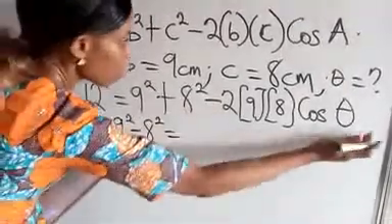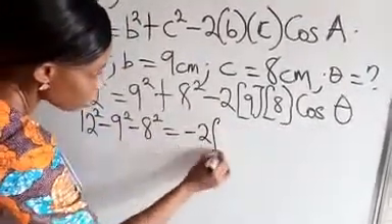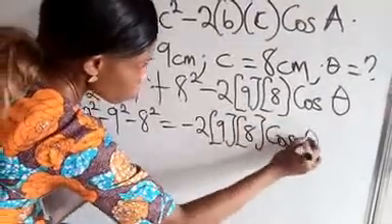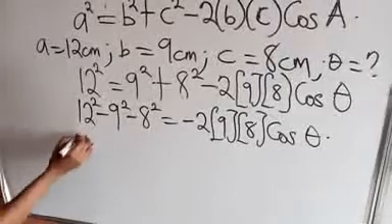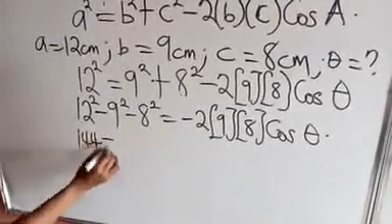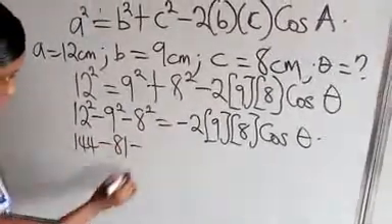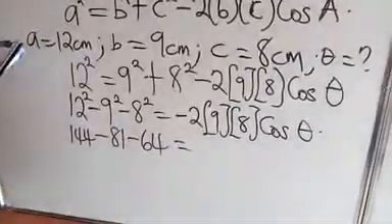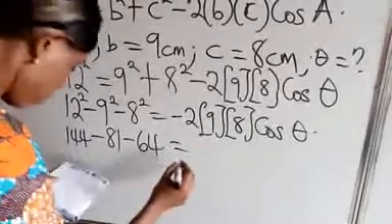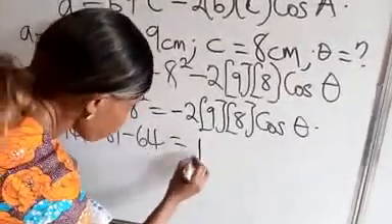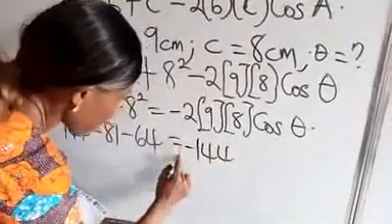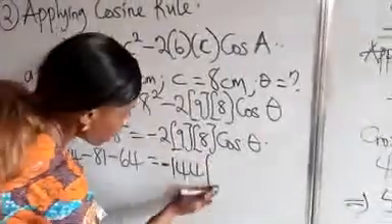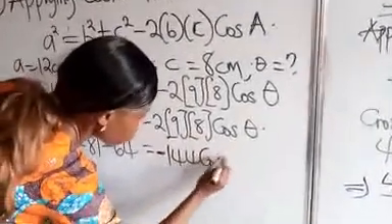So we'll leave the term with cosine on this part of the equation. 12 squared is 144, 9 squared is 81, 8 squared is 64. 2 times 9 times 8 is 144. Remember, you have a negative sign. Then cosine theta, which is not known, we'll leave it that way.